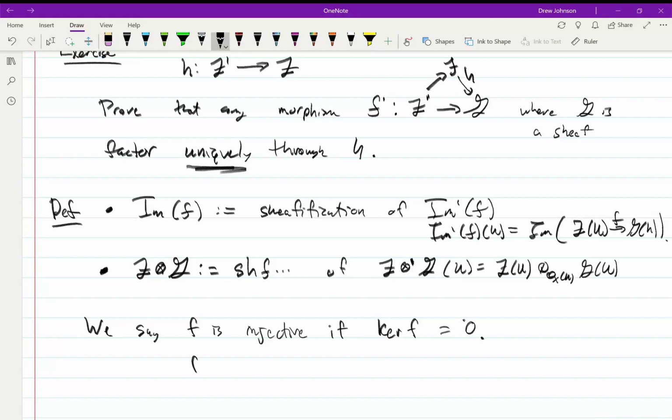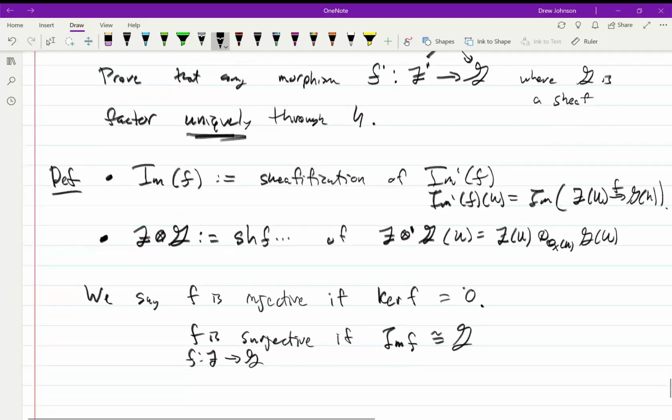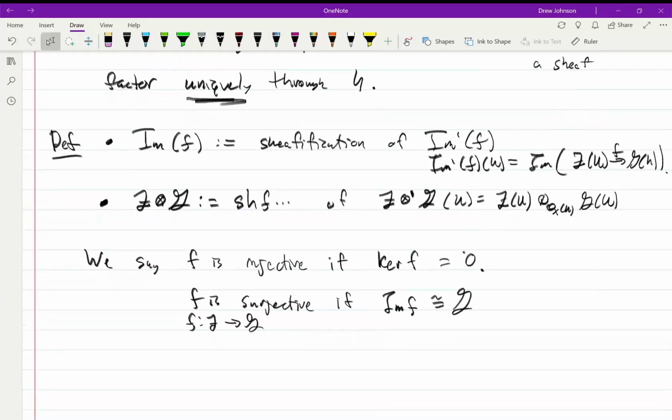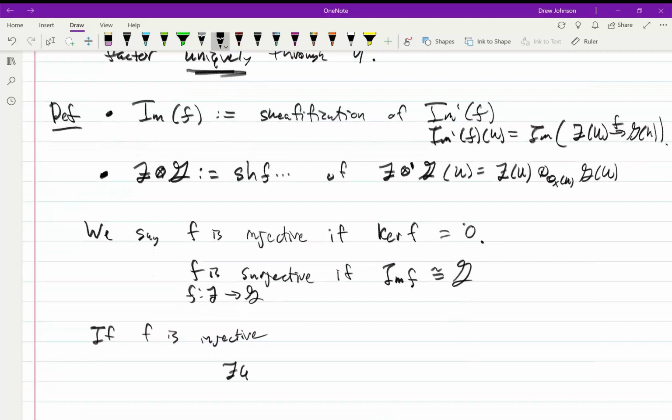And F is surjective if the image sheaf is isomorphic to G. Remember, F is a map from sheaves F to G. Now remember, if F is injective, then that means that F(U) to G(U) is injective for all U.